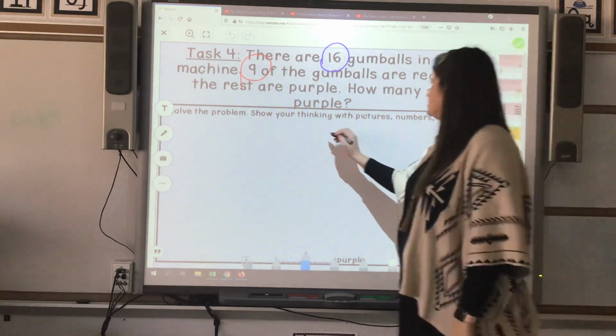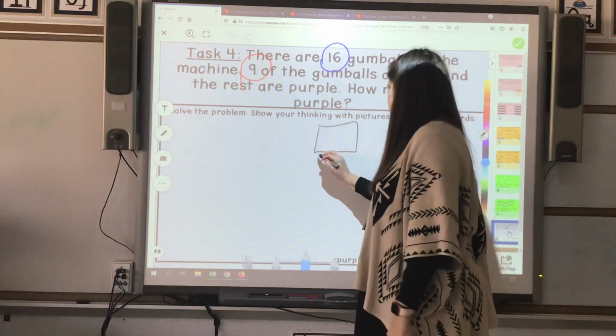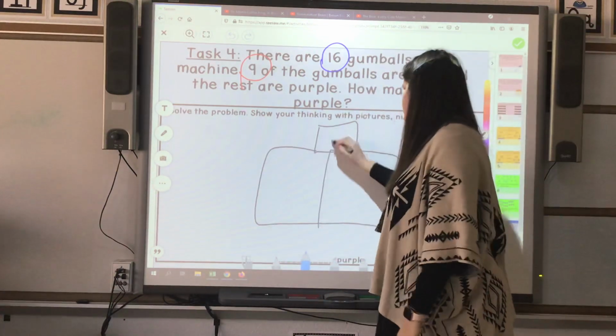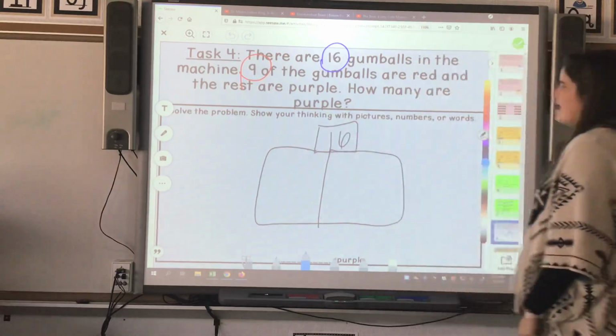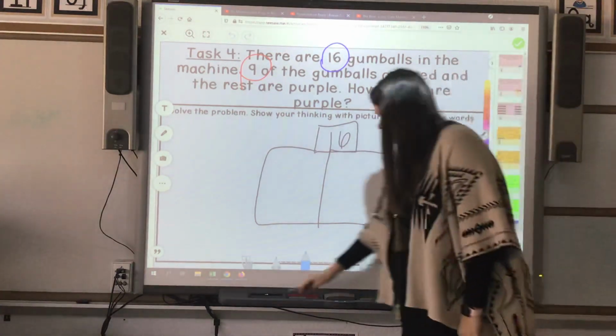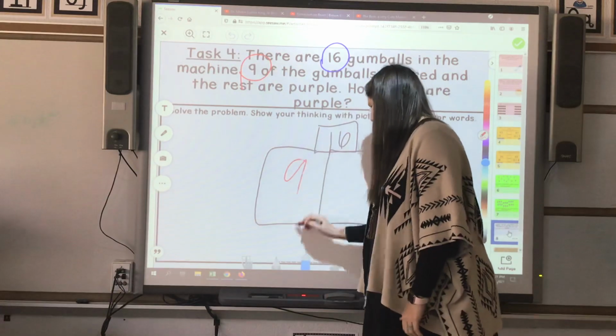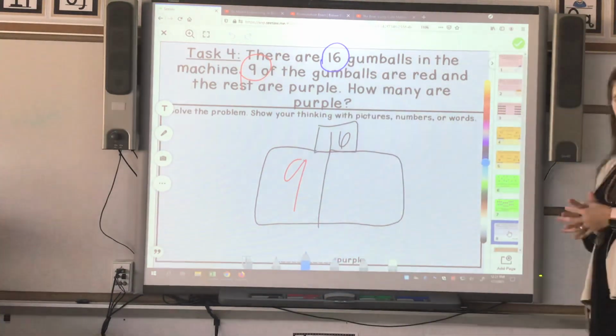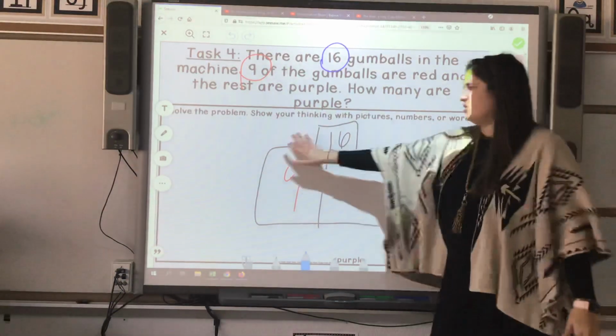So there are 16 gumballs, part whole, 16 gumballs, 9 of them are red. Then I need to figure out how many of the gumballs are purple. So in order to do that, I need to look. I have 9.